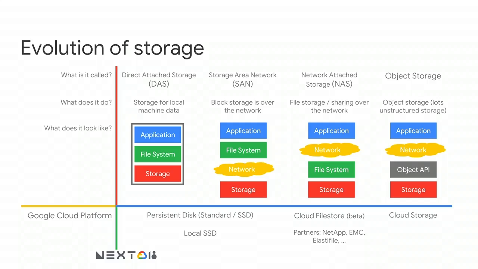What that lets you do is start to share files between many different computers. So if two clients want to operate over a shared directory in a file share, they can do it by using a NAS solution.